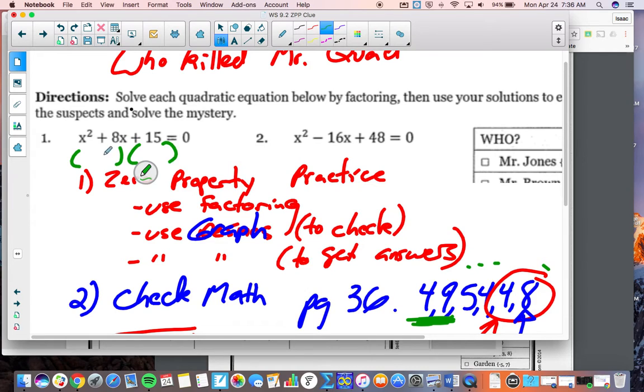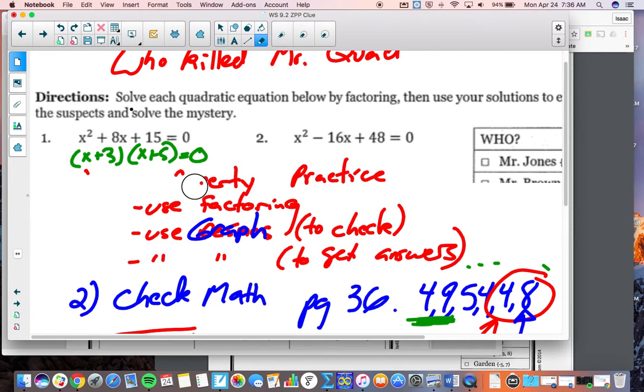So we're going to get x plus 3 times x plus 5. I factored that quickly. I didn't really show my diamond, but check it, that is totally correct. So we're going to just use factoring for now.